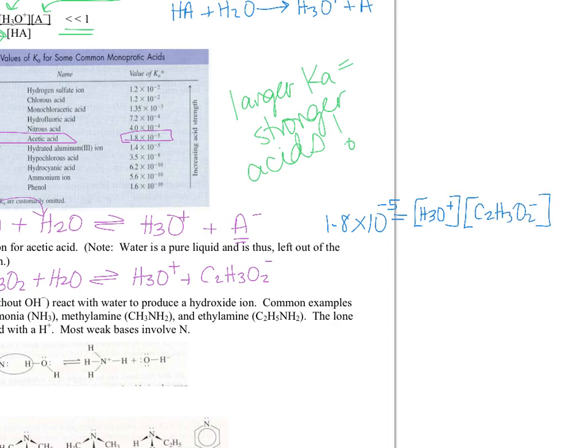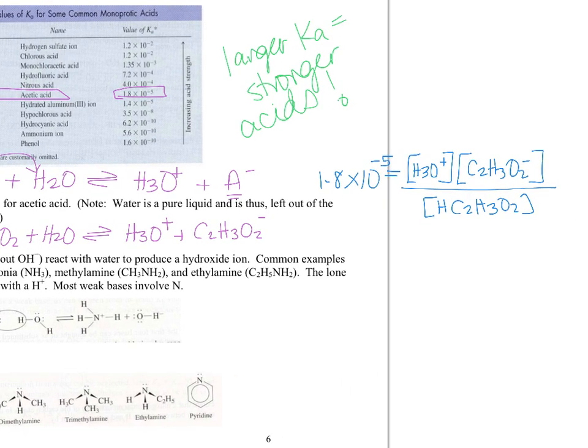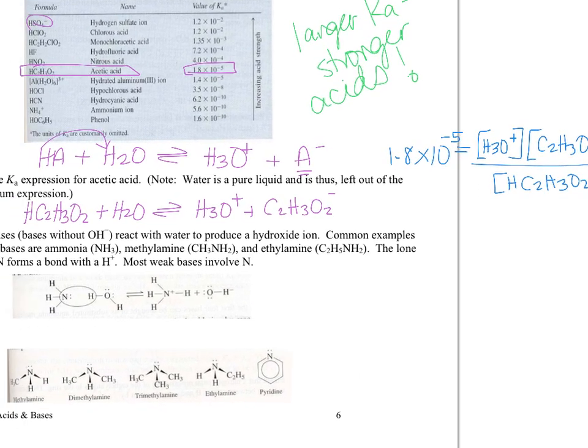Make sure you're including your ion symbols, because if you don't, you'll lose points since ions are not the same as the neutral compound. Then over reactants, which is HC2H3O2. Don't forget to omit the water because it's a liquid, so its concentration is something like 55.5 molar, crazy large because of the quantity. So this would be your Ka expression.